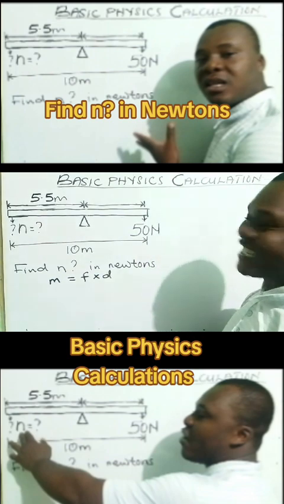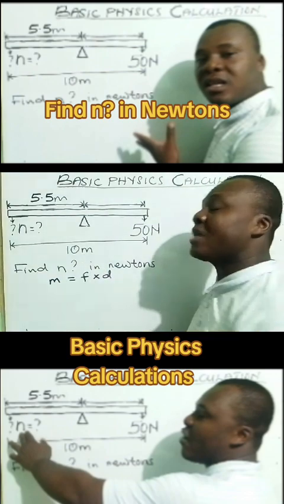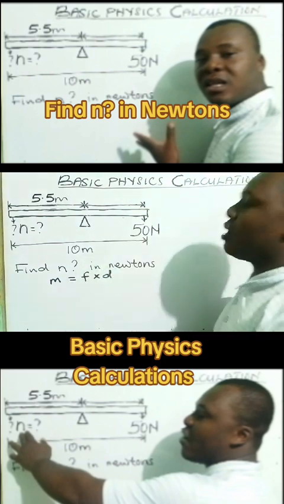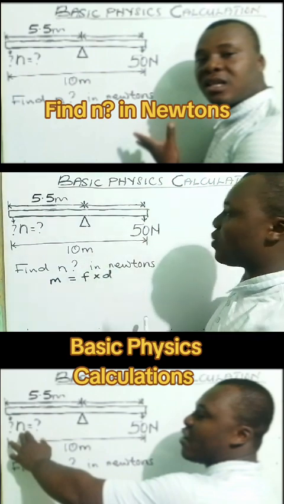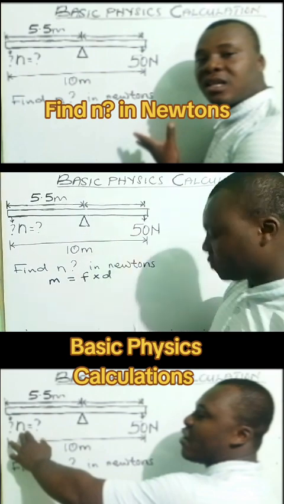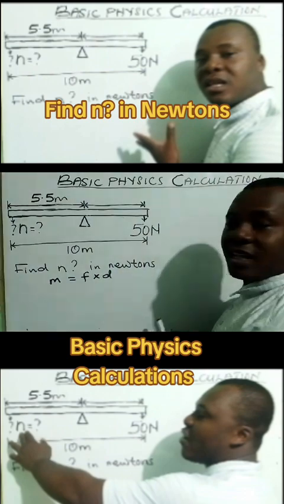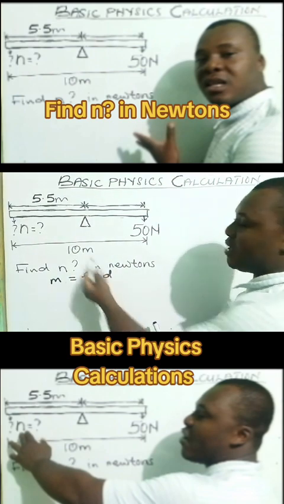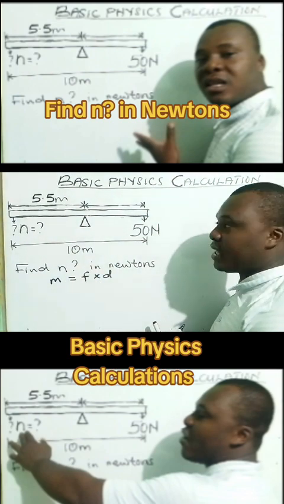So we see the distance here as 10 meters. If the distance here is 10 meters, then we have to find the distance also here. To find the distance here, we have to subtract this 5.5 from this 10 meters.